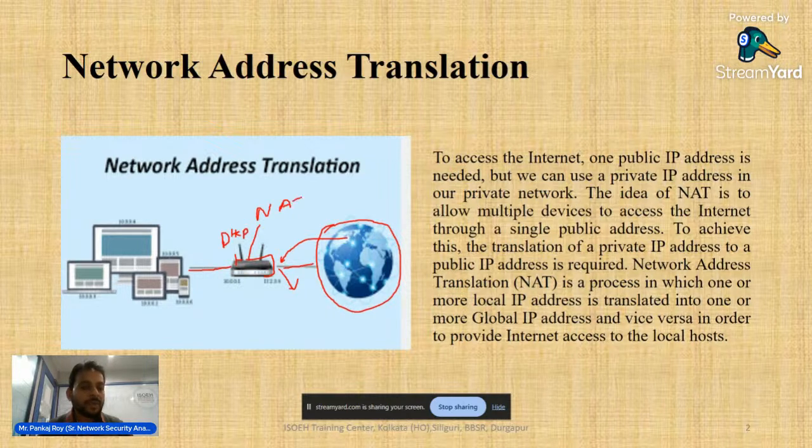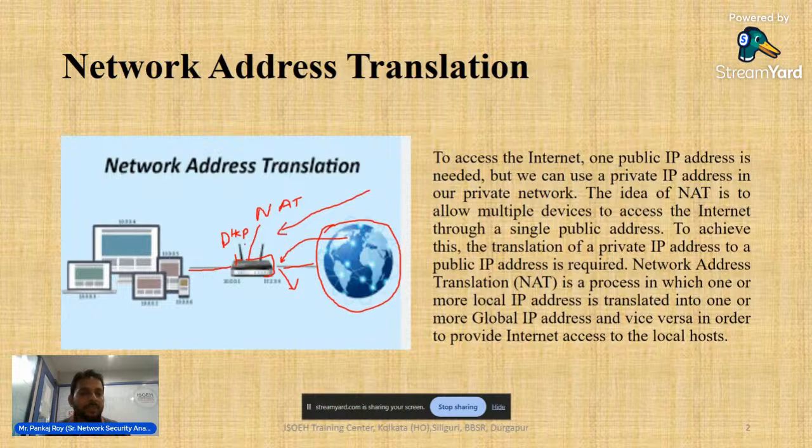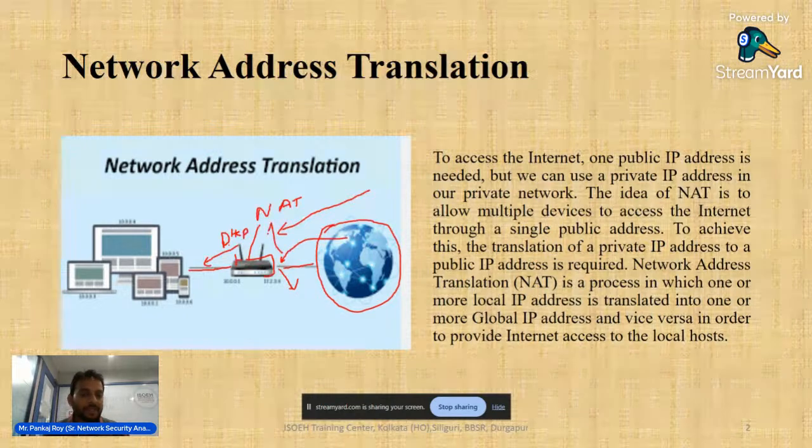So everyone receives an IP address privately, and NAT helps send the packets outside through the public address. Whenever another person tries to come into my network, they cannot, because the outsider only knows the public address, not the private address.